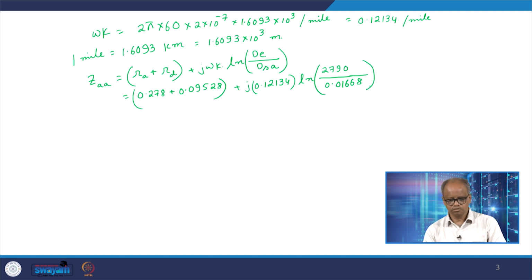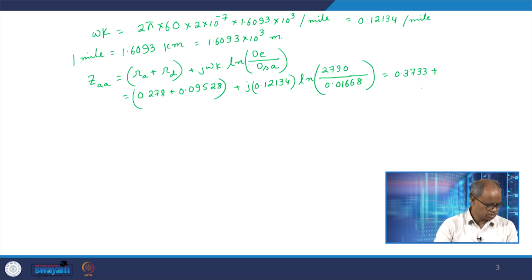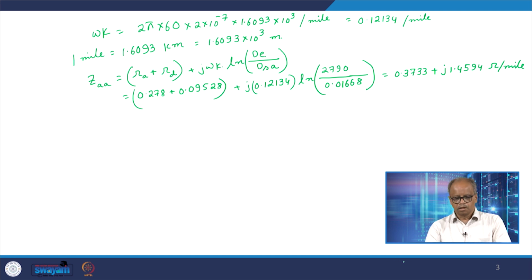We have just used these values. If we do this calculation, we will find that it is 0.3733 plus j 1.4594 ohm per mile.